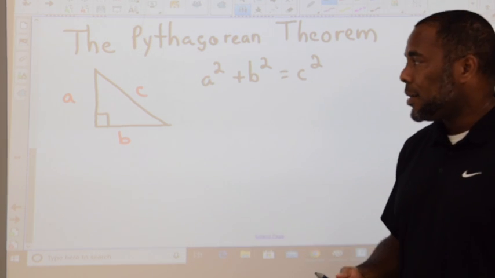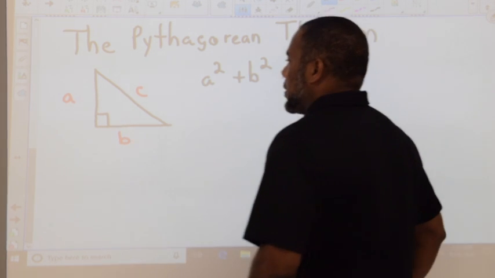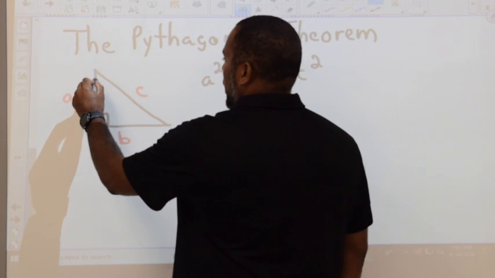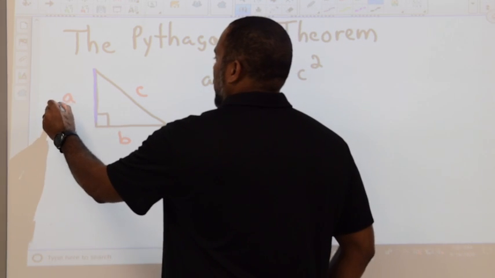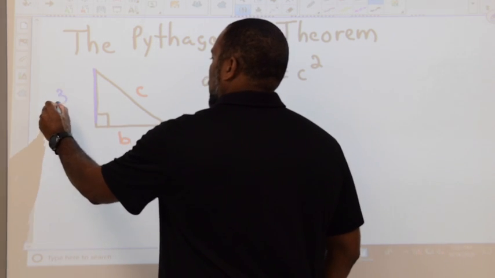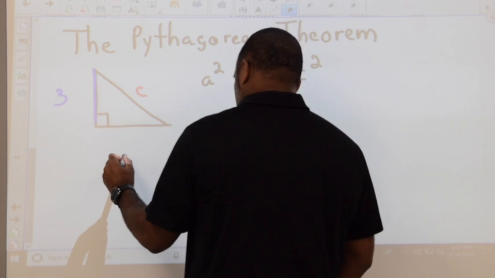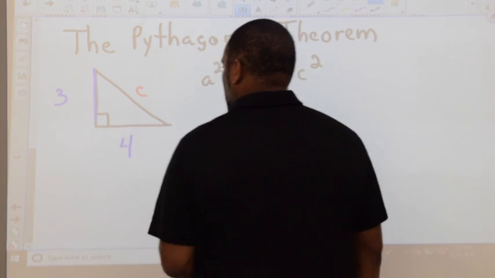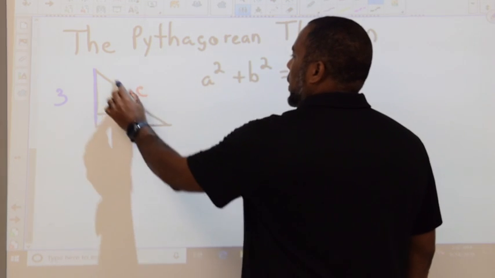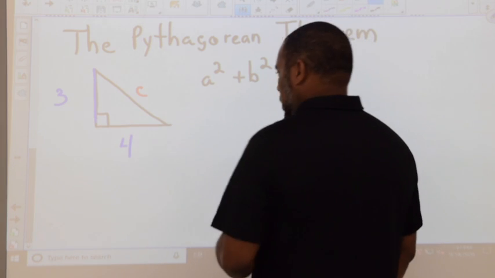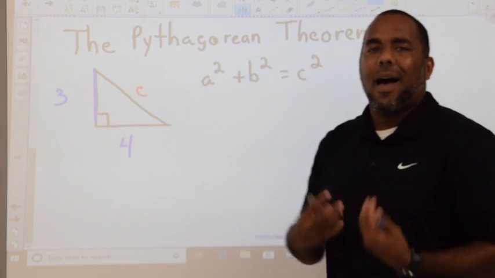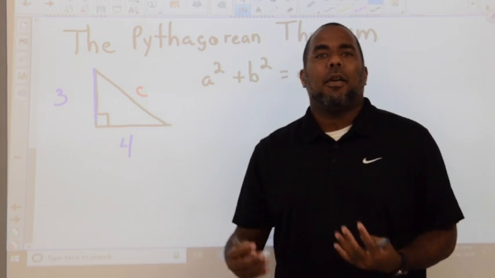What does that mean? That means that A could be 3. Maybe B could be 4. And you can find how far it is from here to here. I don't like to call things from here to here.